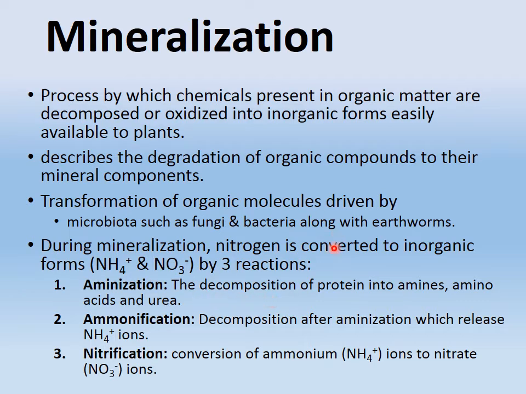So when proteins are decomposed into amines, amino acids, and urea, they then undergo ammonification, which is decomposition after aminization, which releases ammonium ions. And then after ammonification, you would then get nitrification, which is the conversion of ammonium ions into nitrate ions.